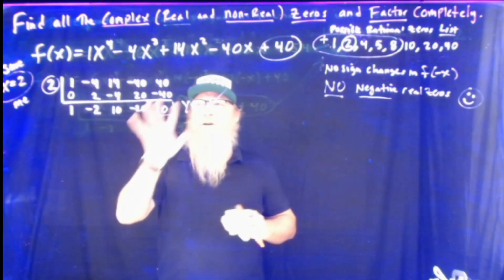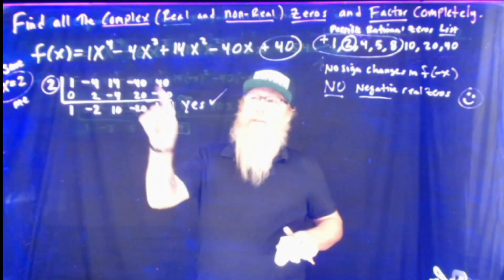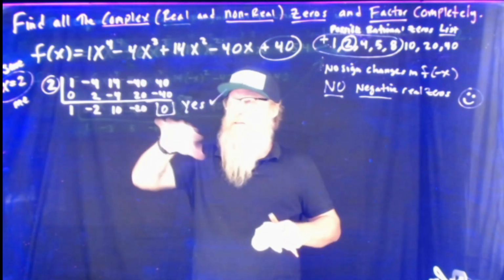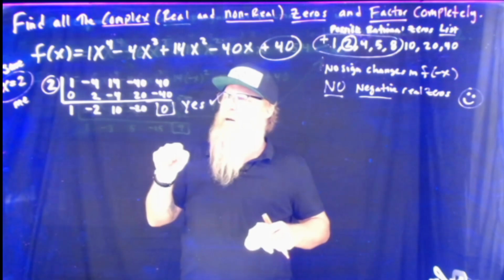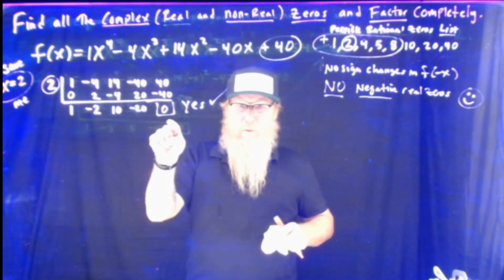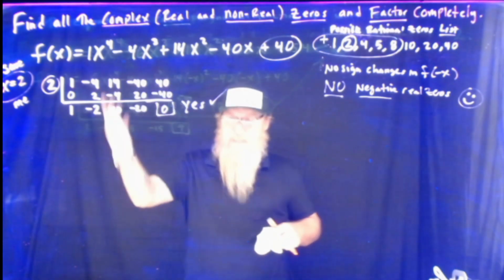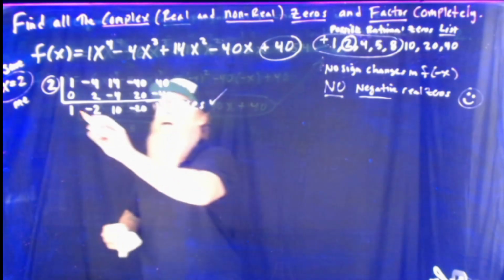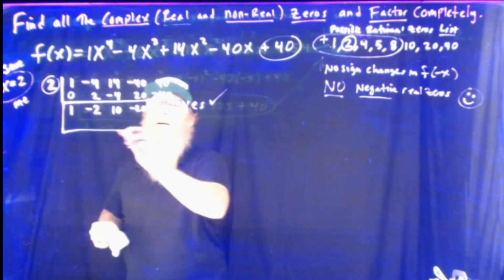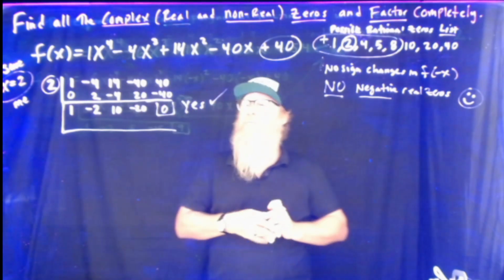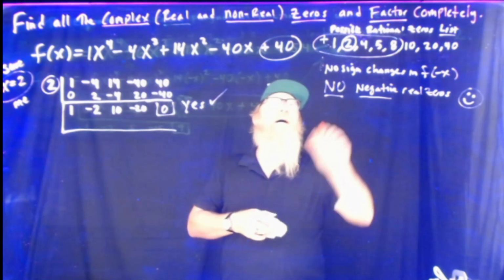And remember, when you get a non-zero remainder, then you have to start over, or at least start over with where you last were. When you do get a 0 remainder, you don't have to start over. You can keep rolling. All right, so add another row here and try another number. All right, let's try 4.